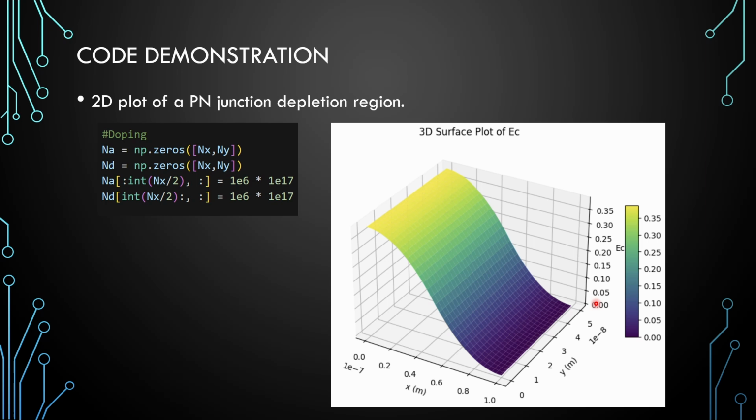And if you remember the boundary condition I gave in the previous slides, for this boundary and this boundary, I gave them Neumann boundary so that the derivative of EC here is 0. And for this boundary, I assigned EC equal to 0, so it is the Dirichlet boundary.